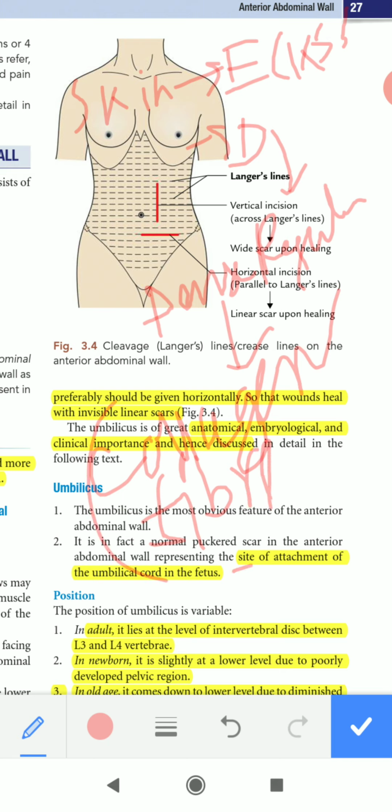And this arrangement of the collagen fibers in the Langer's line lies horizontally. So if we make an incision horizontally in the anterior abdominal wall, it will heal without leaving any scar, or there will be a very minimal scar.